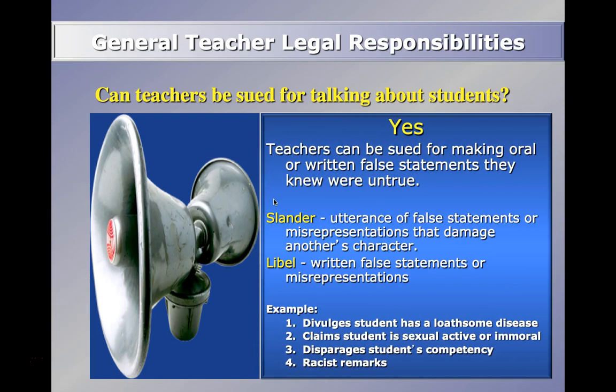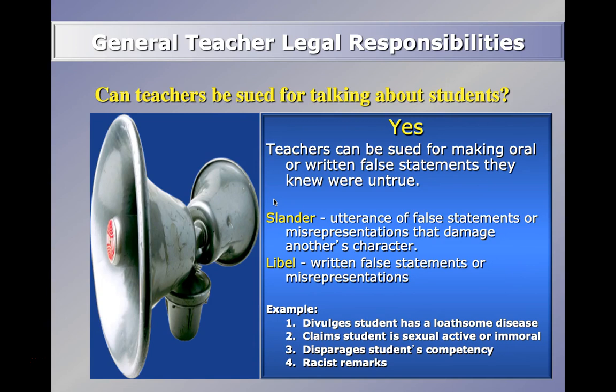Well, yes, you can, but you can be sued for making oral or written false statements. It's called slander if it's a false statement that you say, and libel if it's a written statement that slanders another's character.